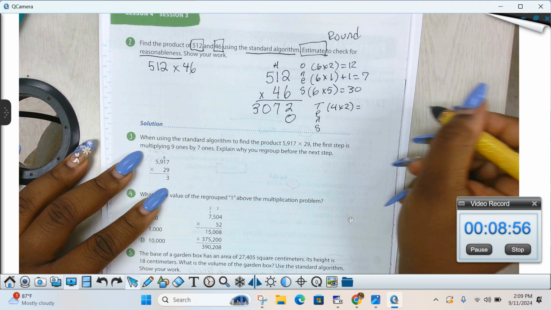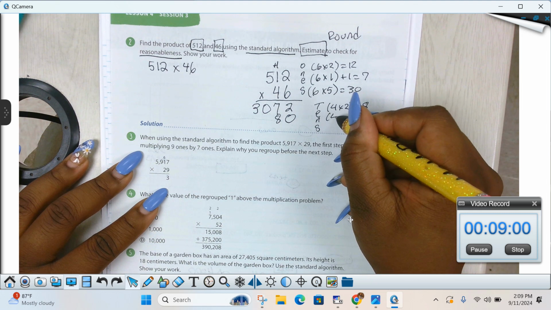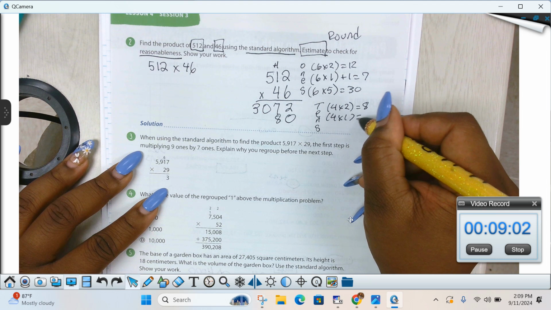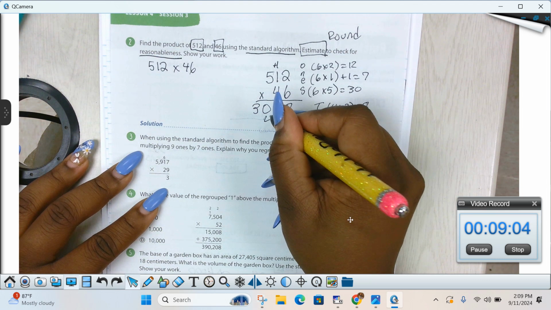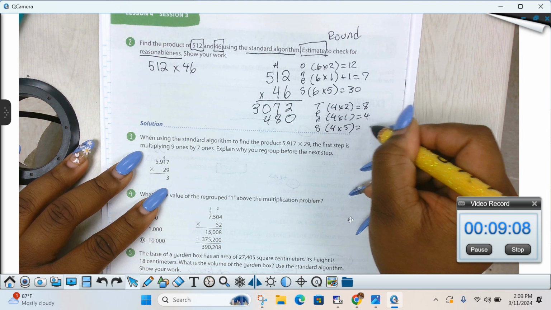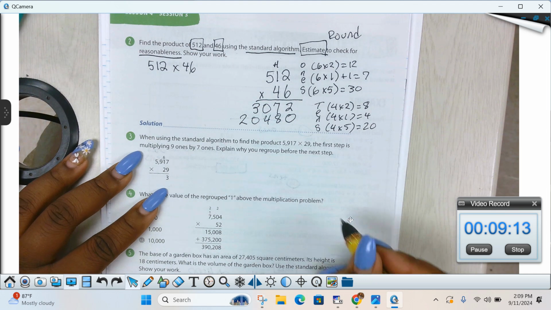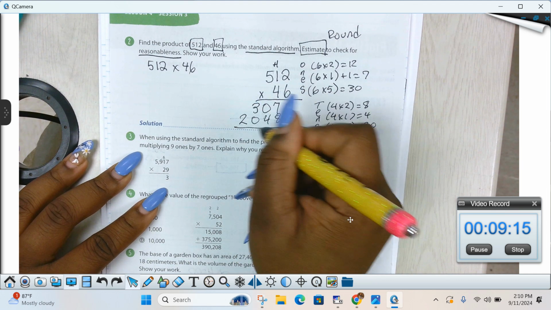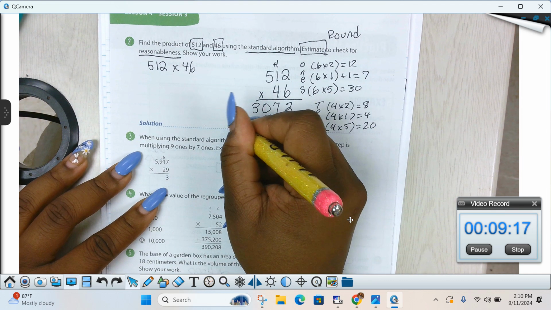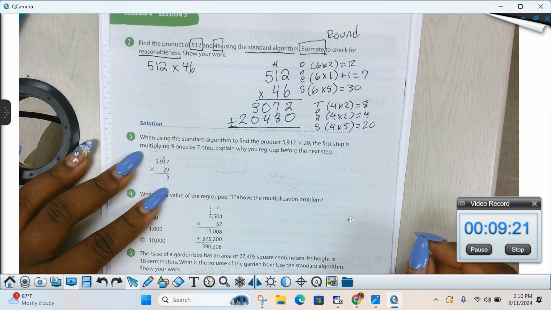What's 4 times 2? 8. 4 times 1. 4. This is real easy. 4 times 5. 20. And since there's nothing else left, you put the full 20 there. Draw your line. And what's the last thing to do, class? Add the numbers up, and that's the product.